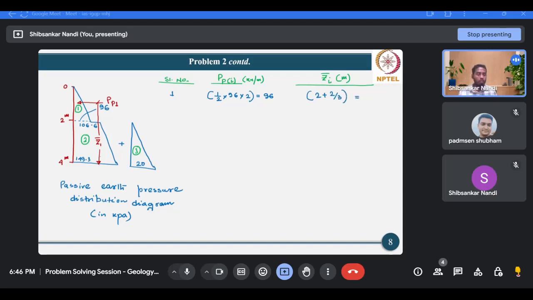That means 6 plus 2, 8 by 3, 2.67. Okay. So from the base, the height of the triangle is 2. So that means from the base the CG will be h/3 plus this additional 2, since you are calculating from the base of the wall. Okay, so this is the lever arm of this passive thrust component.